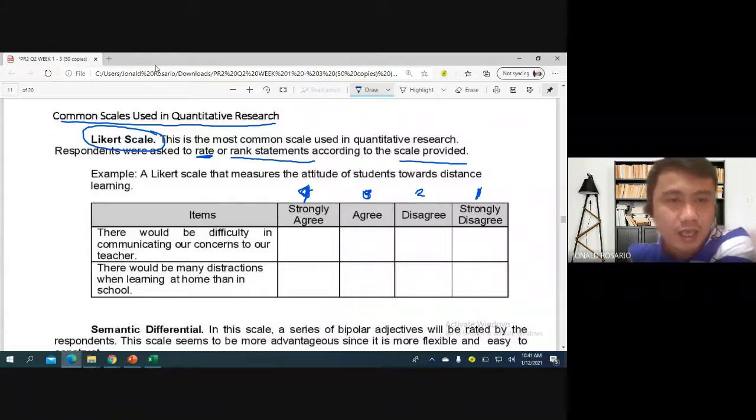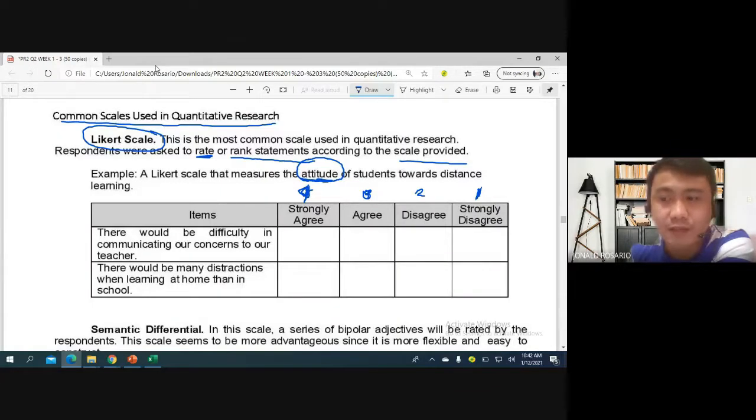So, ito yung example ng isang instrument, okay? Research instrument for a certain variable or construct. Ang tawag sa construct natin or variable natin, attitude, no? Attitude towards distance learning. Okay? So that's our construct. And how many items do we have?